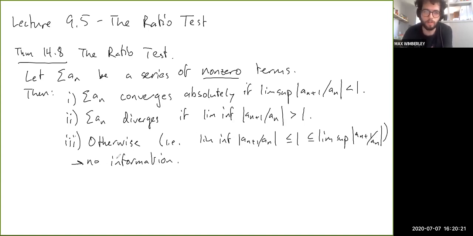There are series which satisfy this third condition which converge, and some series that satisfy the third condition diverge. The way you should think about this is that the lim sup or lim inf of these ratios are trying to measure any possible exponential or super exponential patterns that might occur in the terms a_n.